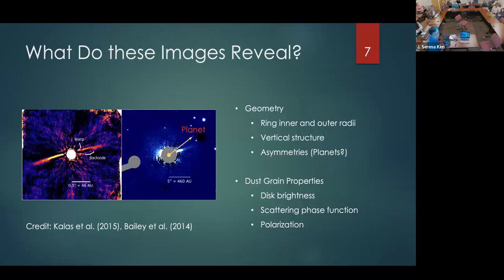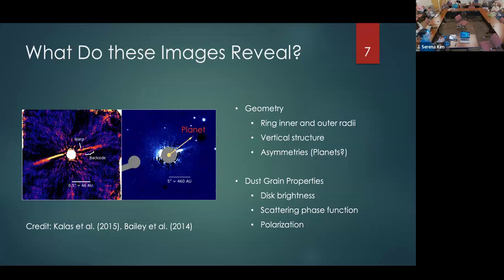Okay, and so part of why I'm interested in imaging in general is that being able to see these resolved structures can allow you to learn a lot of interesting things about these systems. So, not just in terms of ring sizes, but you can start to probe things like the vertical structure in more edge-on systems. And you can also start to look for these asymmetric features or departures away from circular symmetry.